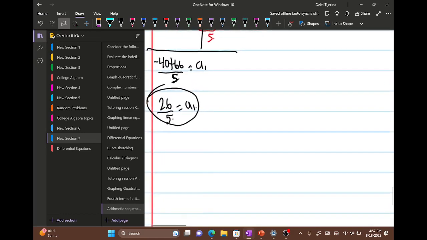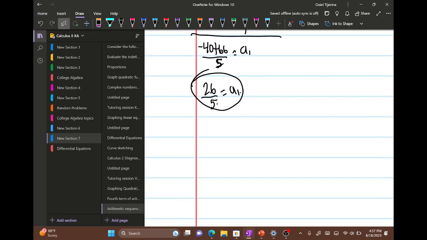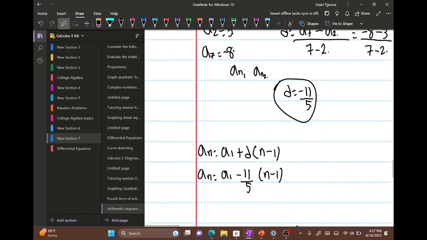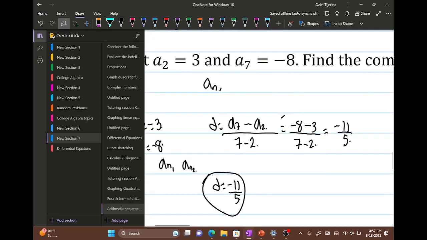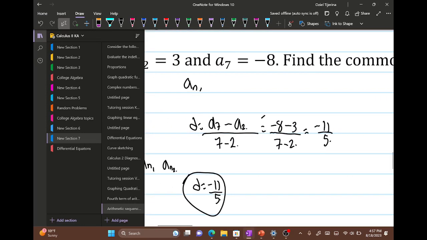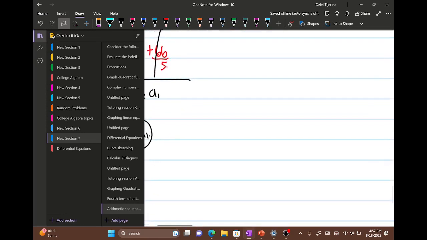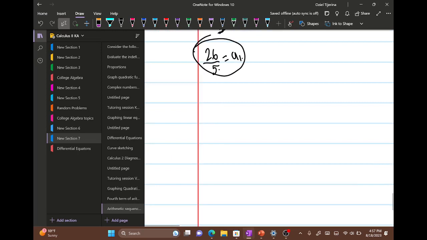So we would go ahead and end up saying the following three things. We had that my common difference was negative 11 over 5. So again, I would say the common difference would be negative 11 over 5.